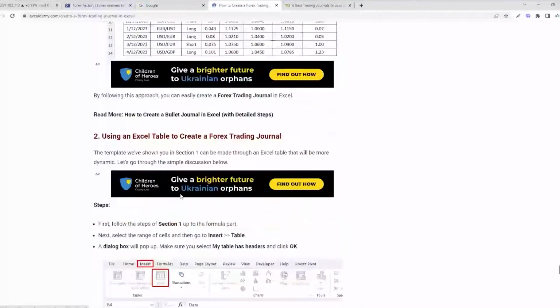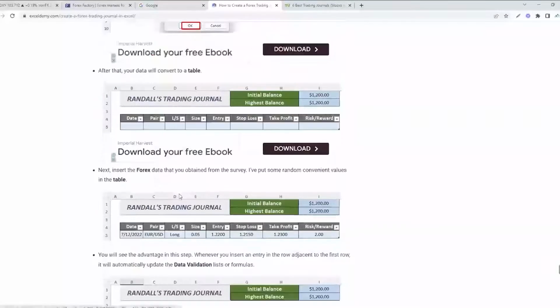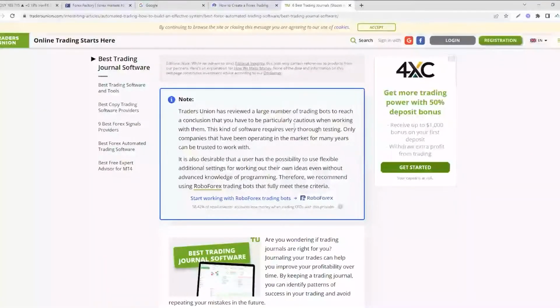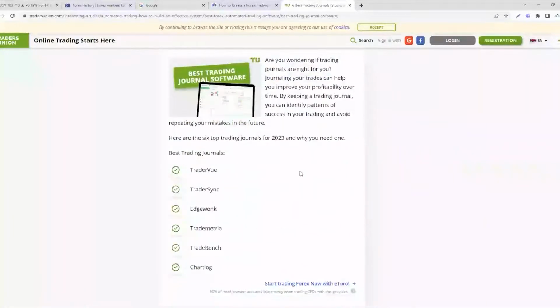Okay, so this is a website here, and the other one is this Traders Union website where they have done a review of several trading journals. Okay, these are all paid subscription journals. Just to be clear, I'm not promoting any of these particular trading journals that are listed here.